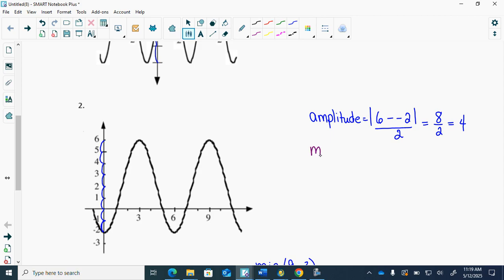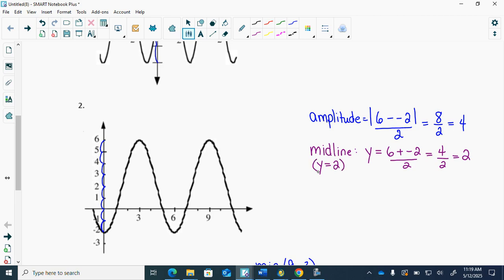The midline is y equals the max, which is 6, plus the min, which is negative 2, divided by 2, which is 4 over 2, which is 2. So we know our midline is y equals 2, technically.